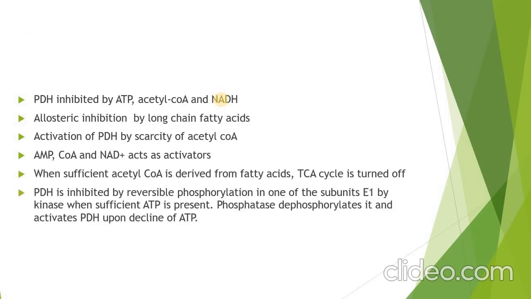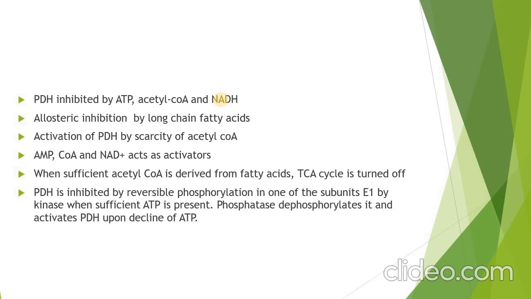Here the first enzyme PDH is inhibited by ATP, acetyl CoA and NADH, and allosteric inhibition by long chain fatty acids is also seen. Whenever there is a scarcity of acetyl CoA, PDH gets activated, and AMP, CoA and NAD+ also act as activators for this enzyme.